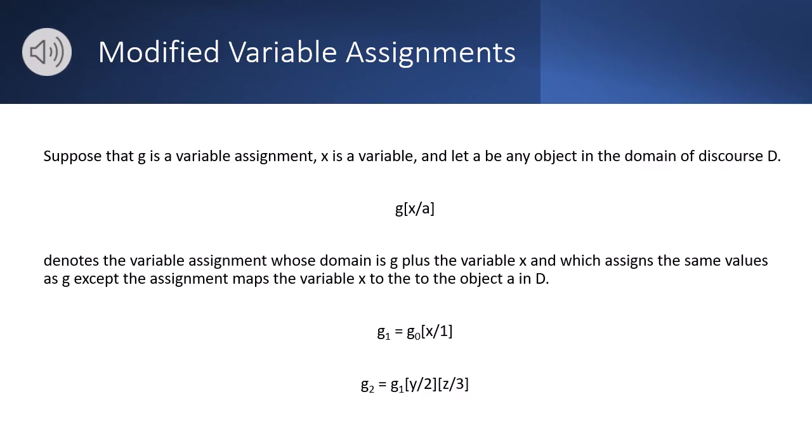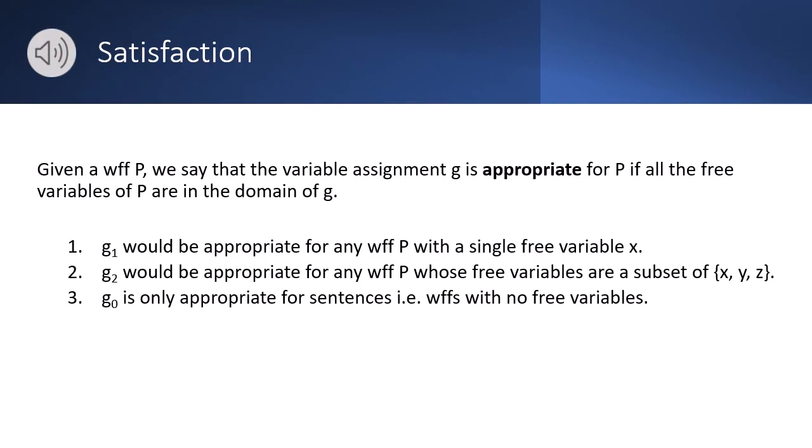And we'll need that change in order to define satisfaction for the universal and the existential quantifier. So we have just two more pieces of notation that we need to define before we can go on to giving the recursive definition of satisfaction for a general sentence in a first-order language.